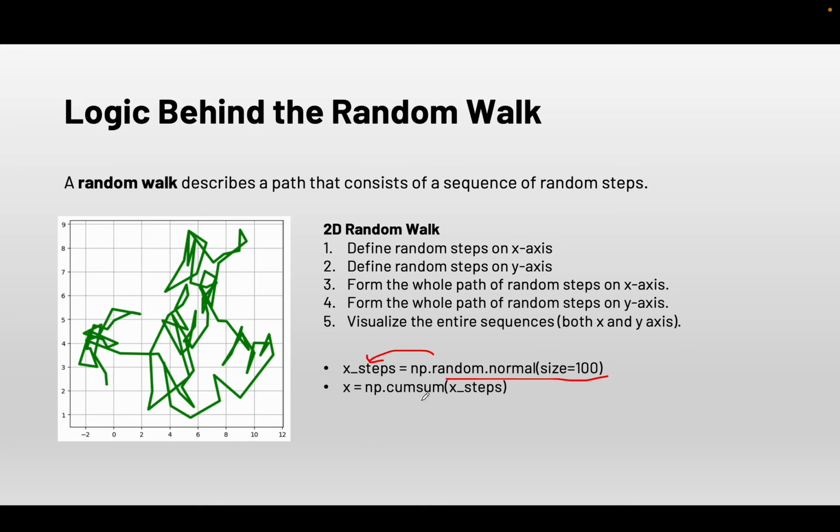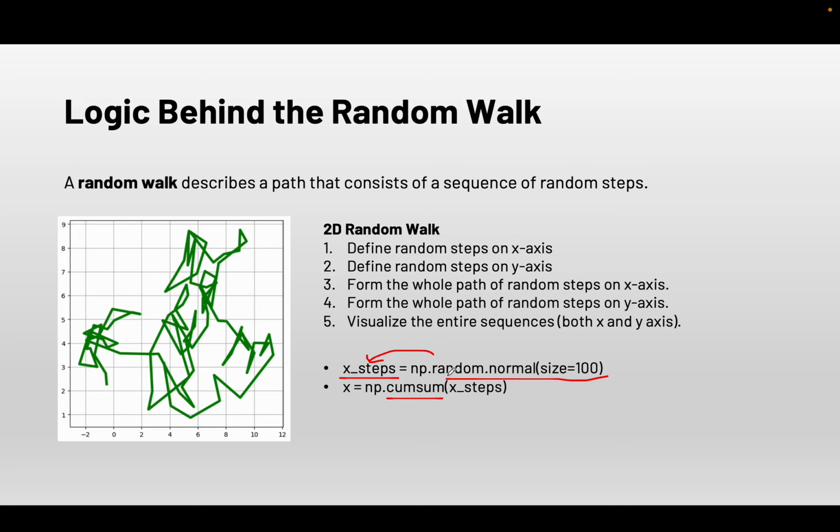Okay, next we're going to use cumsum, this function, to construct a whole trajectory based on x_steps, because the first function creates a sequence that consists of 100 steps, right? These random steps are singular or individual steps.